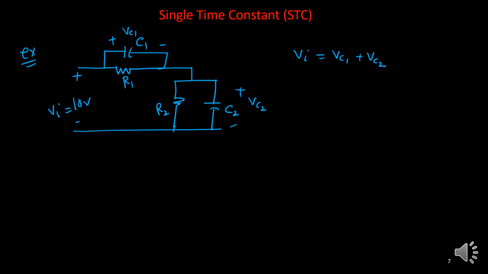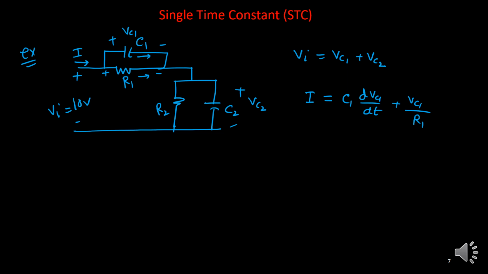So this total current, suppose it is I. This total current I equals the current through this capacitor plus the current through this resistance. So how to find this one? The current through C1, I can write as C1 into dVC1/dt. This is the current through capacitor C1, C dVc/dt. And the current through R1, because this voltage is your VC1, is VC1 by R1.